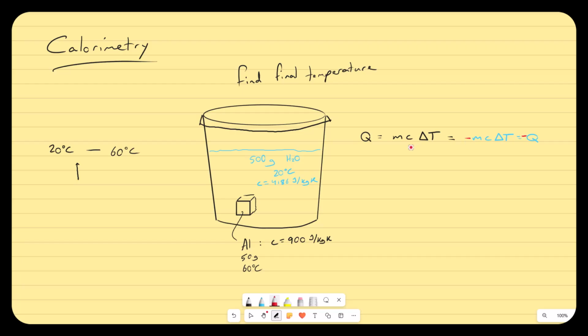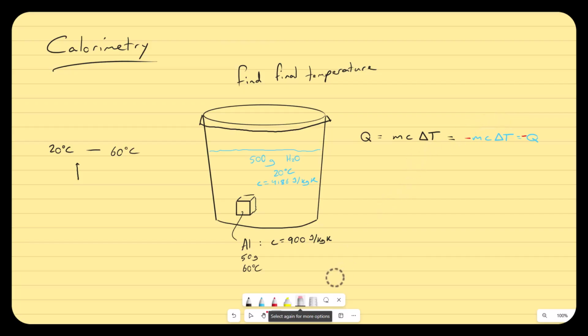It's the negative because this thing is going to have a delta T that's a negative number. This thing's going to have a delta T that's a positive number because the metal's going to cool down and the water's going to heat up. So the heat that's given off by the cube has to be picked up by the water, which means the water is giving off negative heat. Maybe that's a good way to think about that.